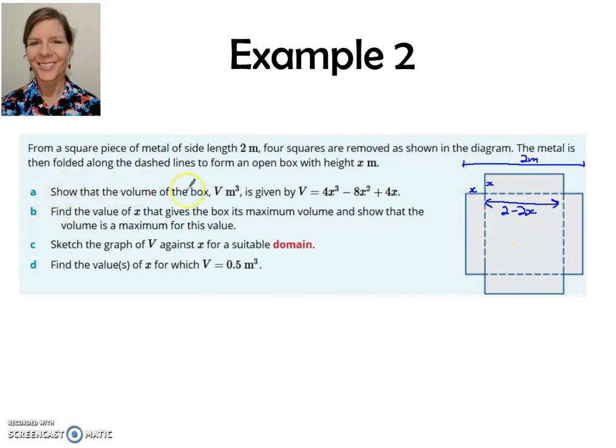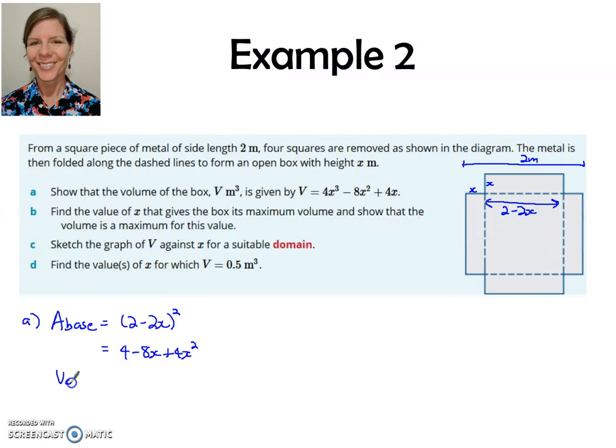Okay, so we want to show that the volume is given by that. Obviously to do volume we want area of the base times the height. So the area of the base is just going to be 2 minus 2x squared. If you work that out, you get 4 minus 8x plus 4x squared.